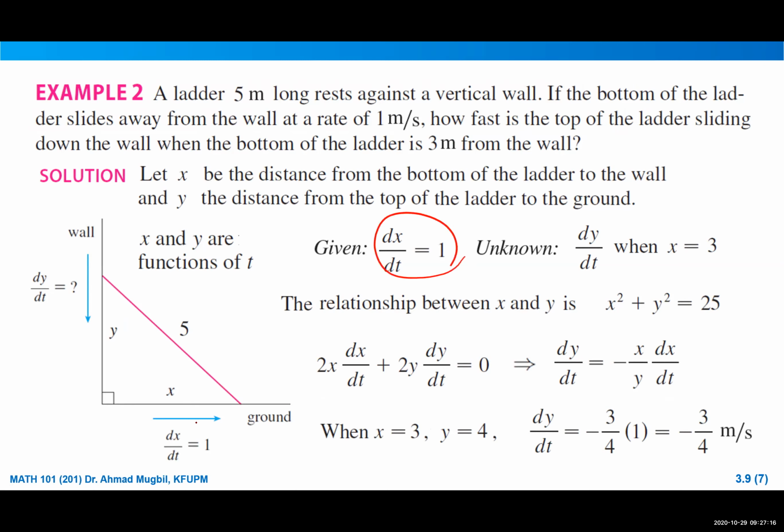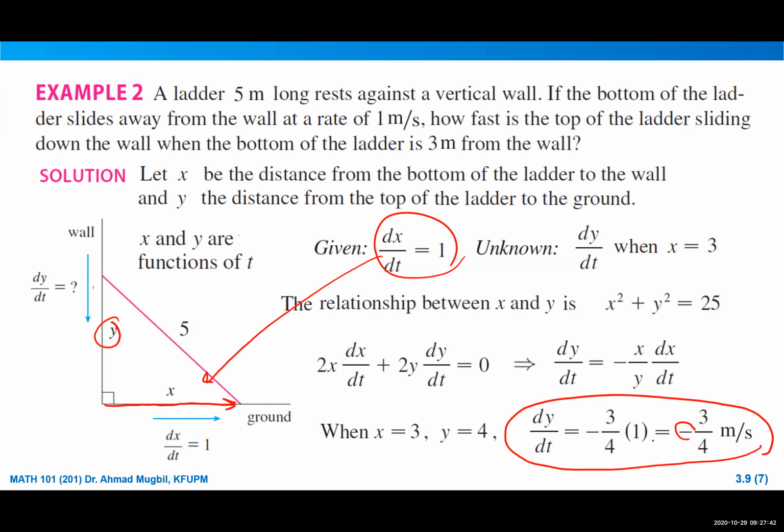dx/dt, this distance, is it increasing or decreasing? Increasing. It is increasing, so it is positive. But what about this rate, this distance, is it going to be bigger or smaller? Smaller. Look what happened to its value at the end. It becomes negative.